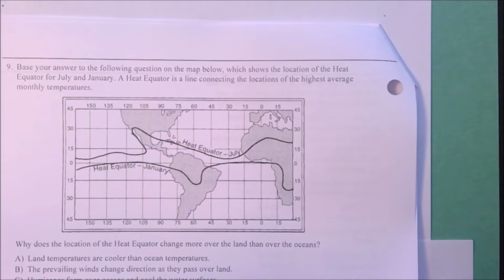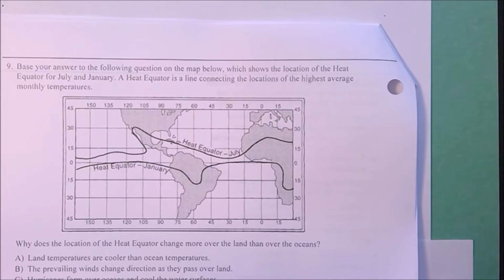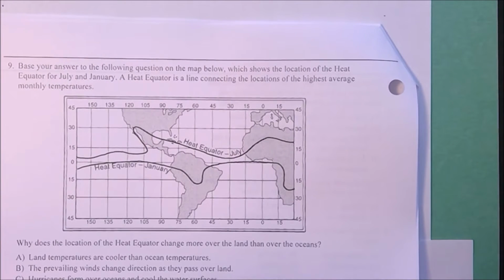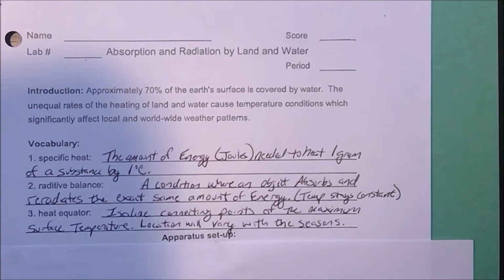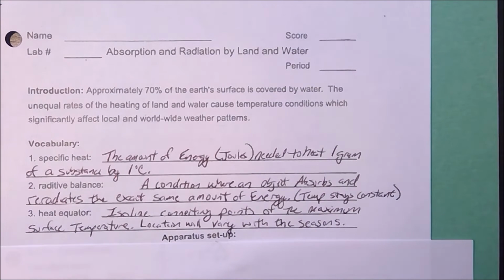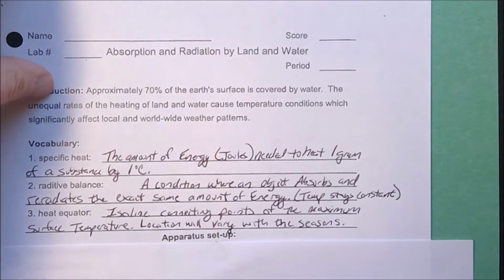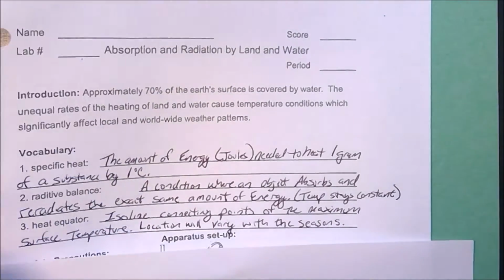You'll see the heat equator varies with the seasons. It also varies whether you're heating water or land, since water and land have different specific heats. So the definition is an isoline that connects points of maximum surface temperature. It definitely varies within the seasons.